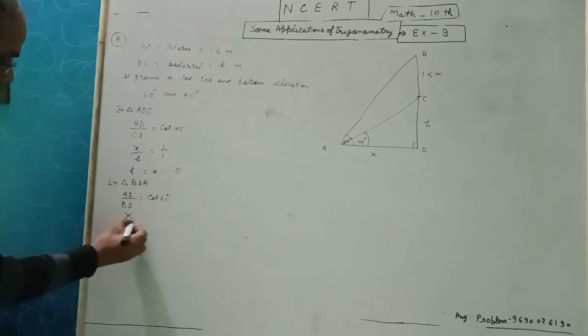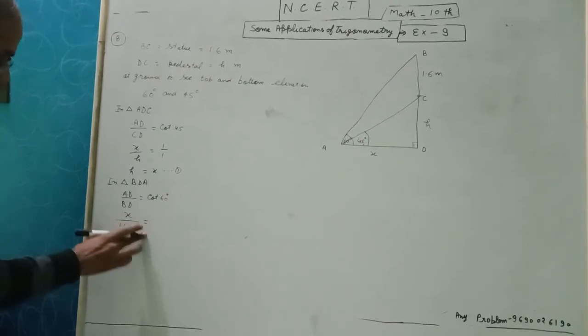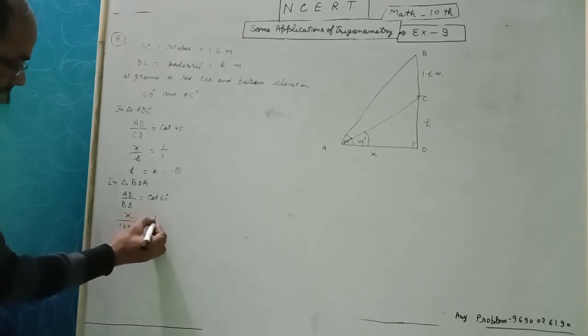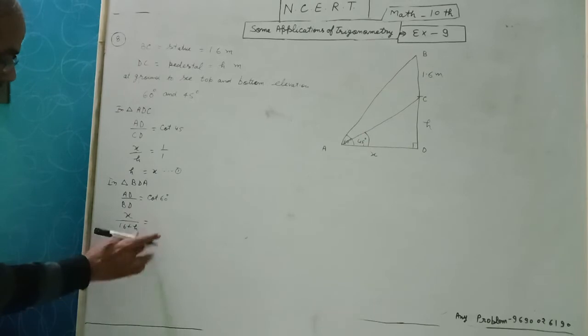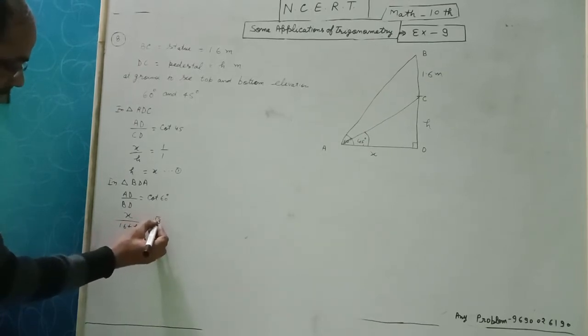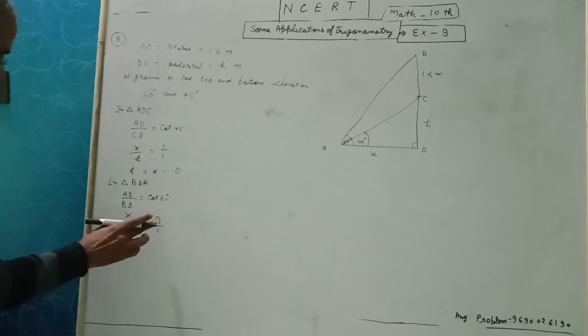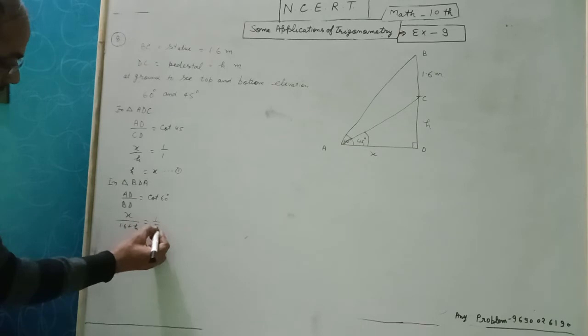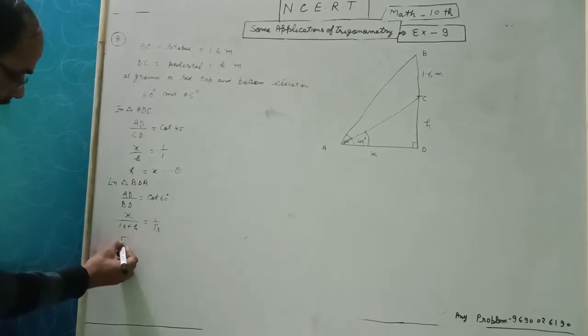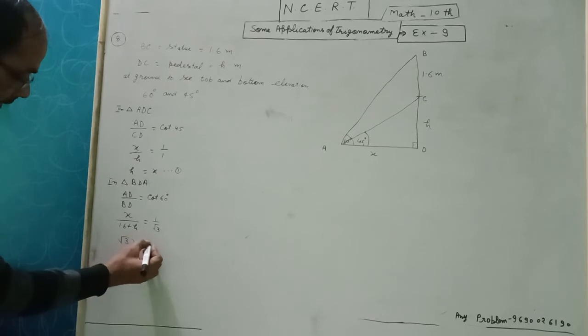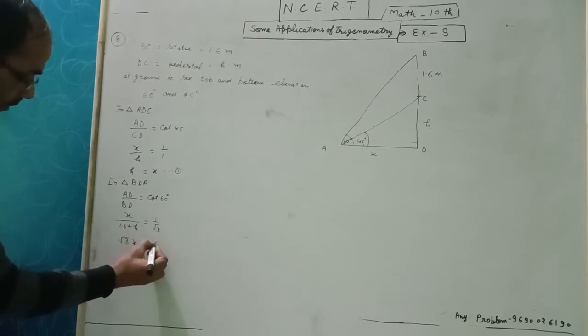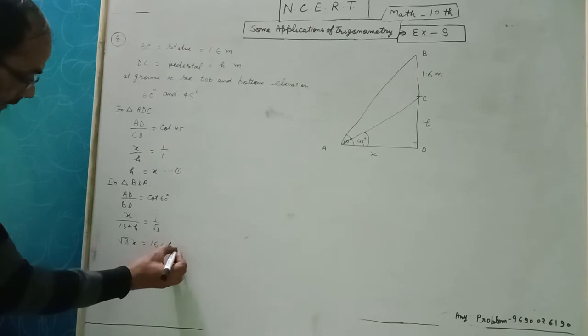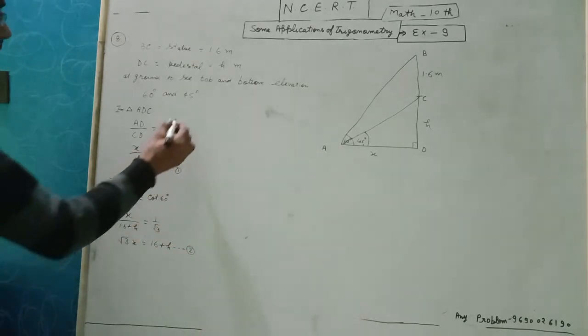AD is equal to X, BD will be 1.6 plus H, equal to cot 60, which is 1 upon under root 3. After cross multiply, under root 3 X is equal to 1.6 plus H. That is equation number 2.